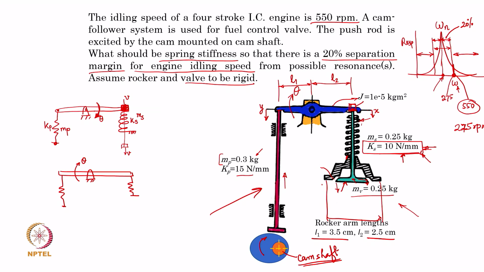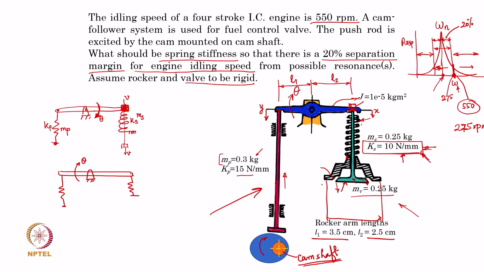So, using this case, what you will have to do is, first once you get the governing equation and get the natural frequency expression, you will substitute all these values and check whether the natural frequency for this system turns out to be either 20% away from this 275, either on this side or on this side.